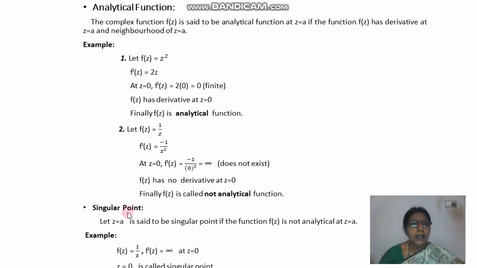Okay? So see the next definition, singular point. Let f of z be given, and let the point be z is equal to a. This point is said to be a singular point if the function is not analytic at z is equal to a. At any point z is equal to a where the function is not analytic, this point is called a singular point.